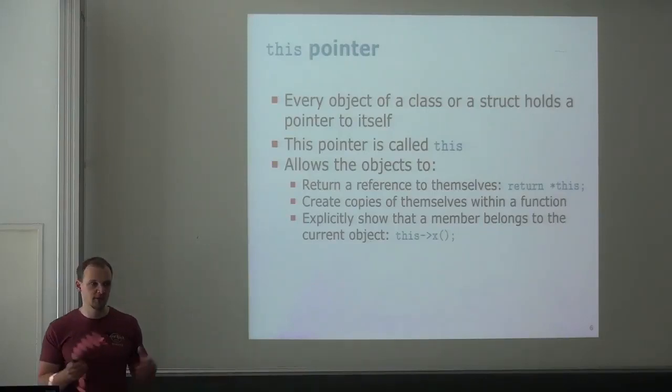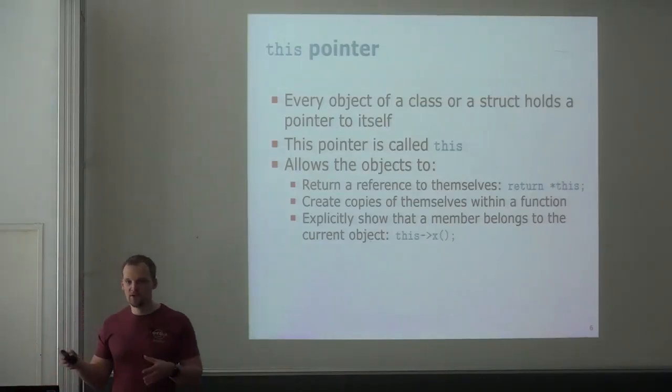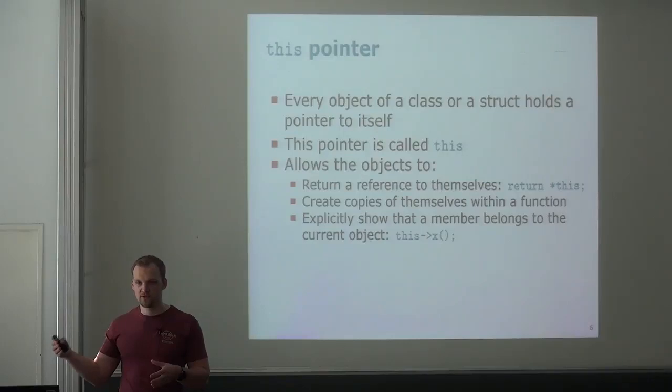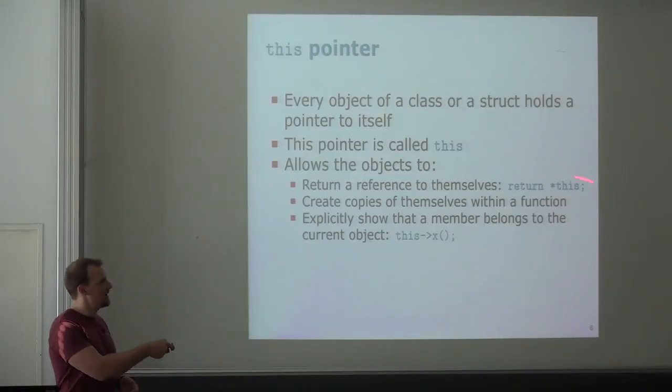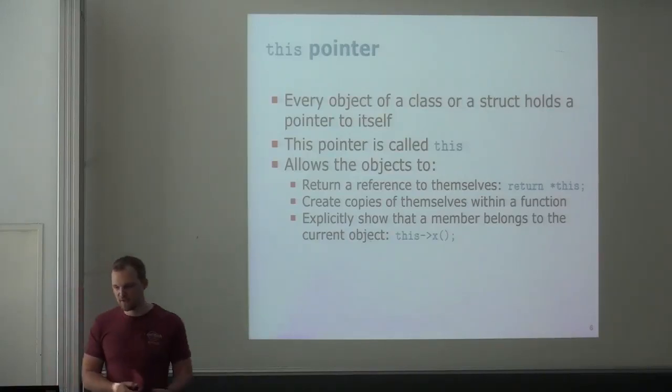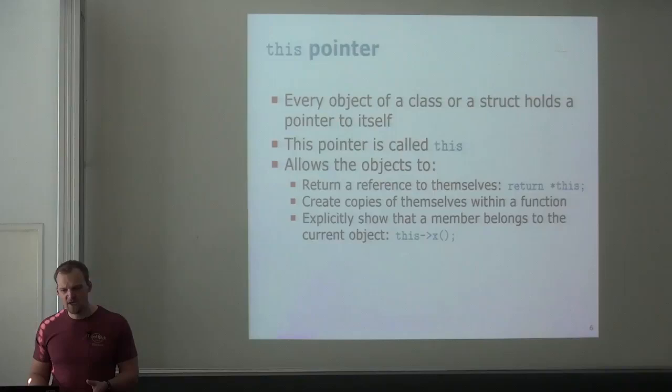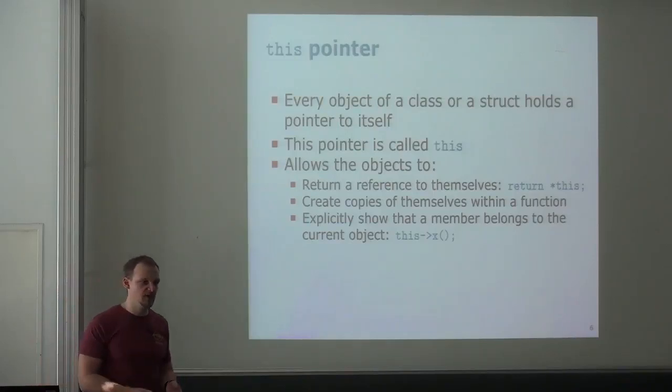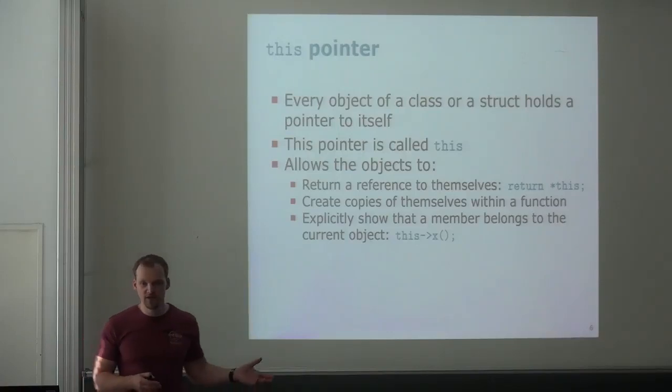If you remember when we were talking about the assignment operators, assignment operator has to return a reference to self, like to the actual object. And that is done by returning the dereferencing of this. Again, it's not too important because mostly you can use all the data members and all the functions in your class without using this.